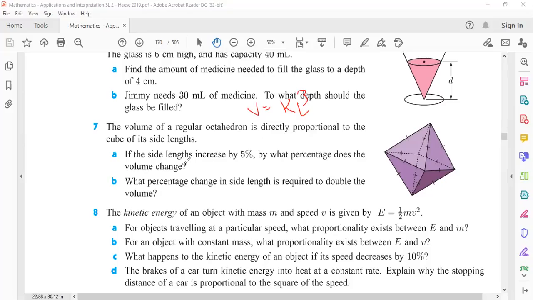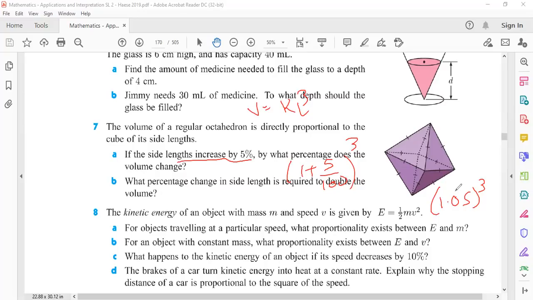So length is increased by 5%. So 1 plus 5 upon 100, cube. So 1 plus 5 upon 100 is nothing but 1.05 cube. Got it? So what is 1.05 cube?